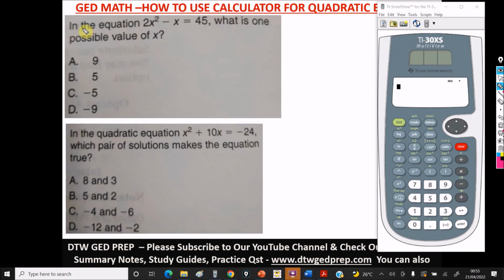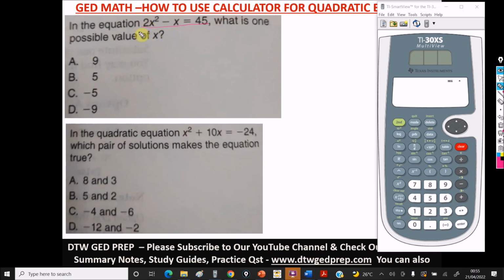Now, this question says, in the equation 2x² - x = 45, what is one possible value of x? To do this with your calculator, it's as easy as just using the values from your options, putting each in as x in this equation. When you put it in as x, it should equate to 45.